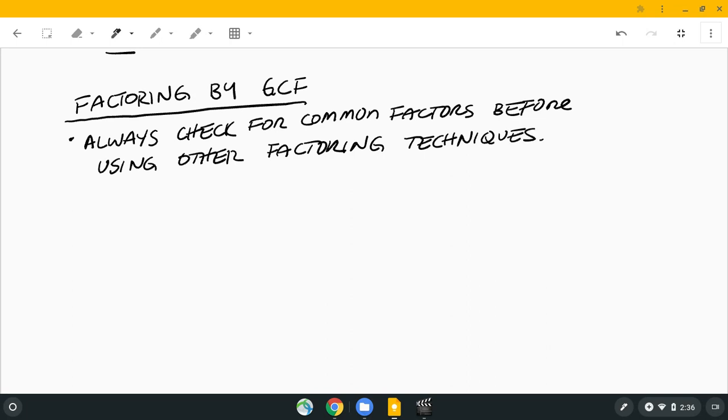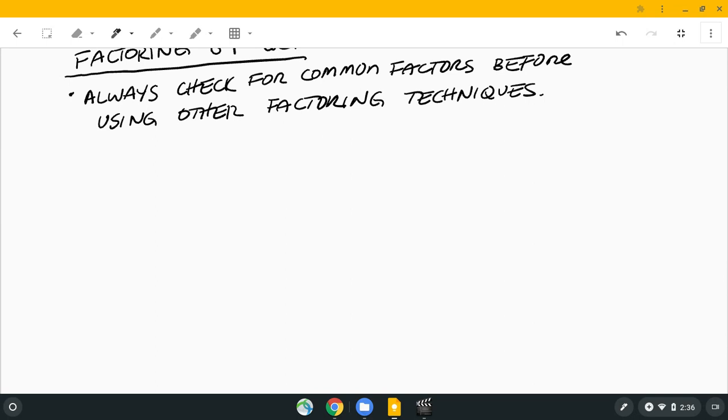Okay. All right, so let's take a look here. All right, let's go ahead and factor the following. Okay, suppose that I have this 16y squared plus 24y.